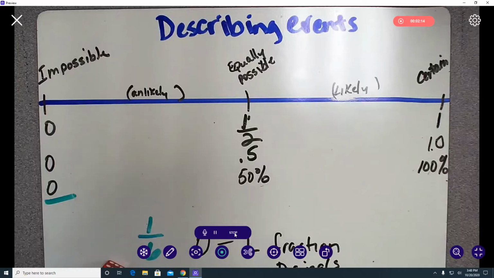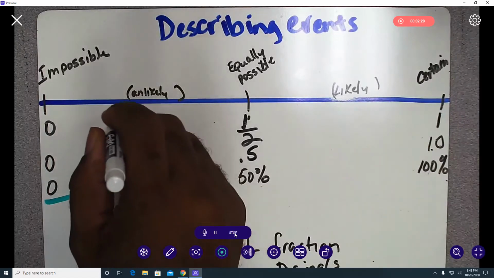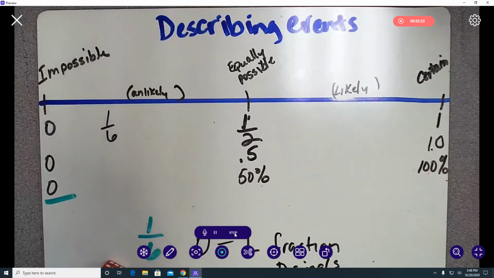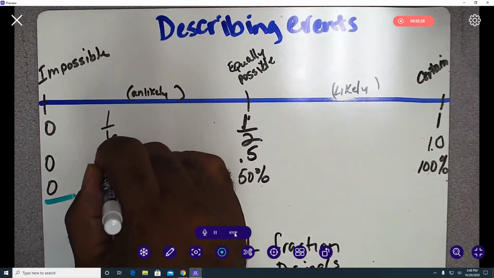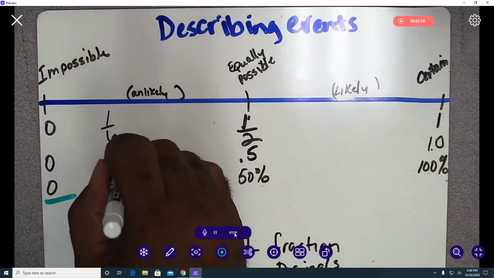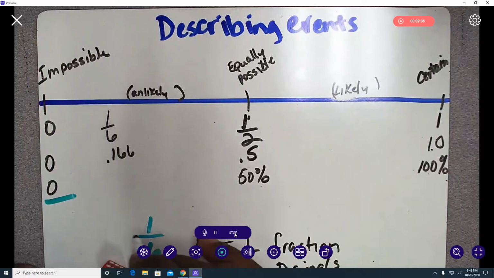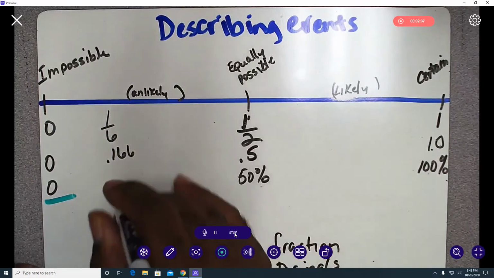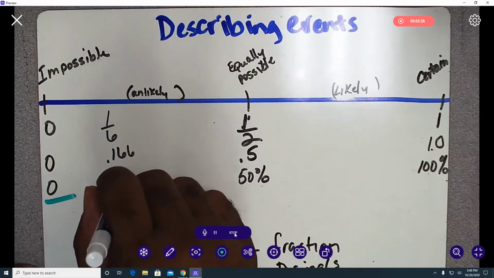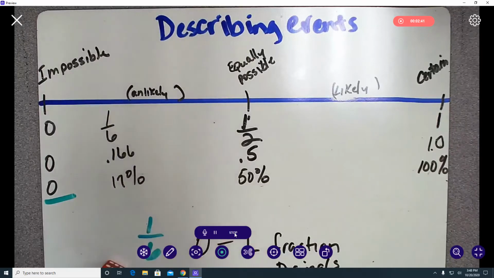So we can put 1 over 6 in here, and 1 over 6 as a decimal is 0.166, and as a percent, if it's rounded, it's going to be 17%. So that's kind of unlikely.